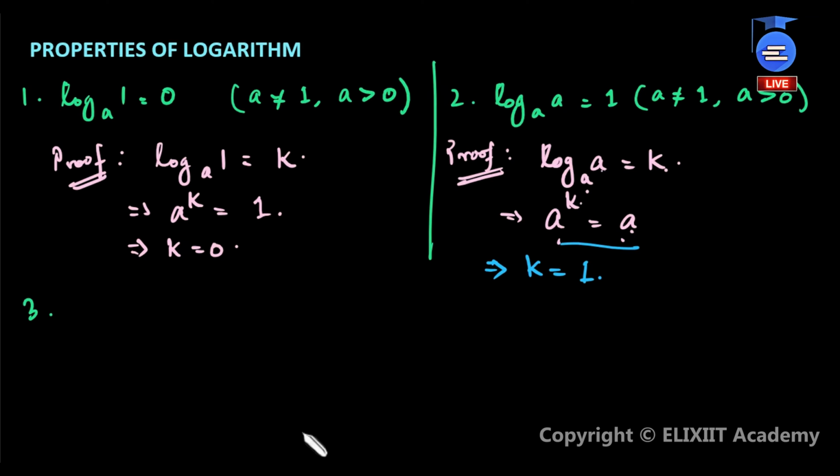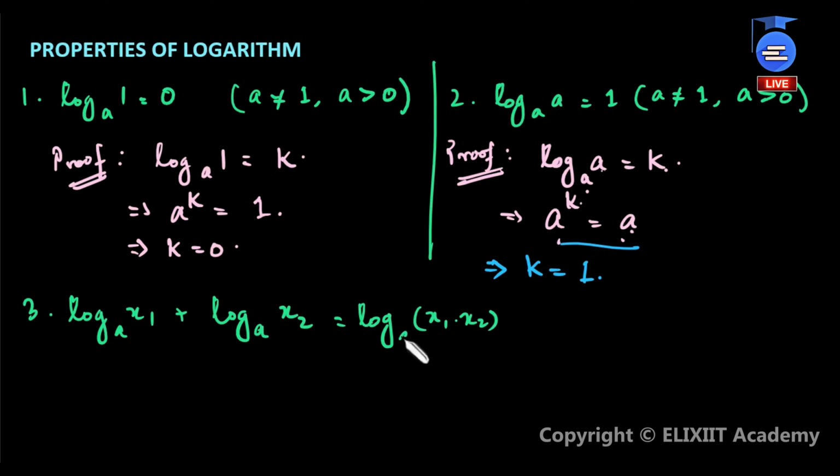The product rule says: log x1 base a plus log x2 base a is equal to log x1 into x2 base a.